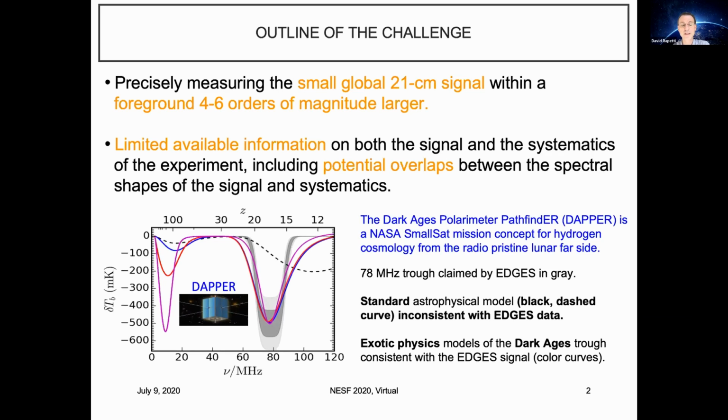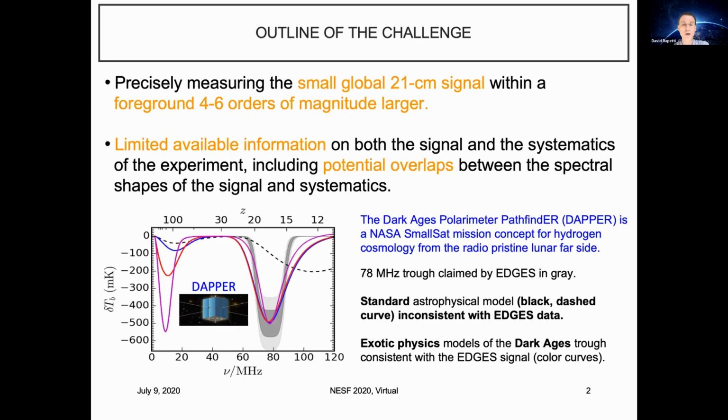This is when the first stars, galaxies, and black holes turn on in the universe. I must say as well that this measurement is 2 to 3 times deeper than expected by the standard model that we can see here in the dashed line, which means that this could point to exotic physics, as Jack also referred to, but also this could be due to the systematics, so we don't know that.